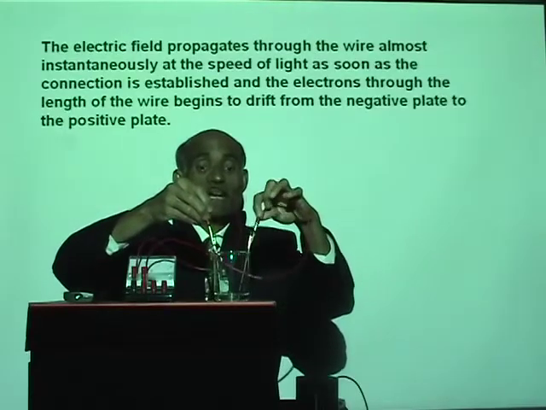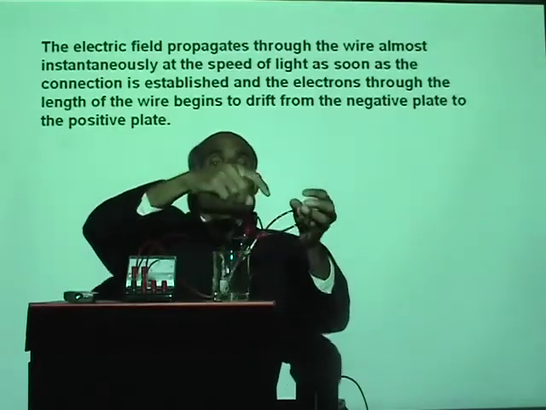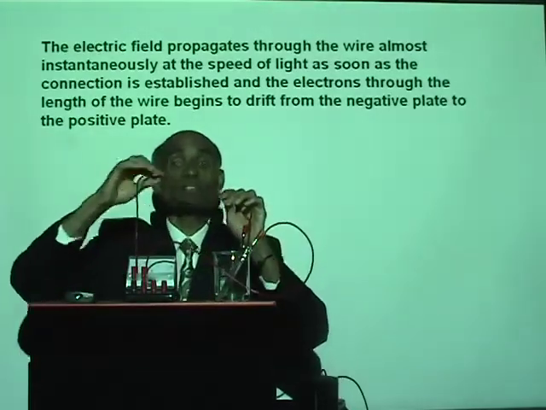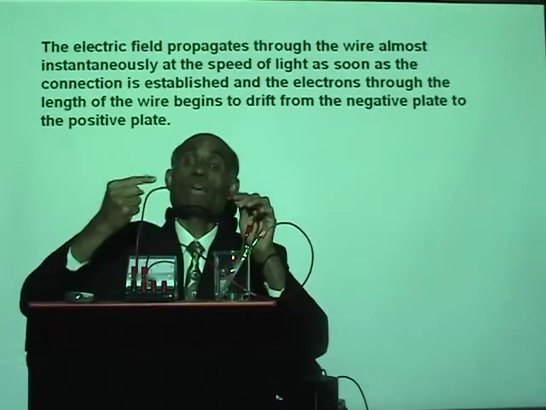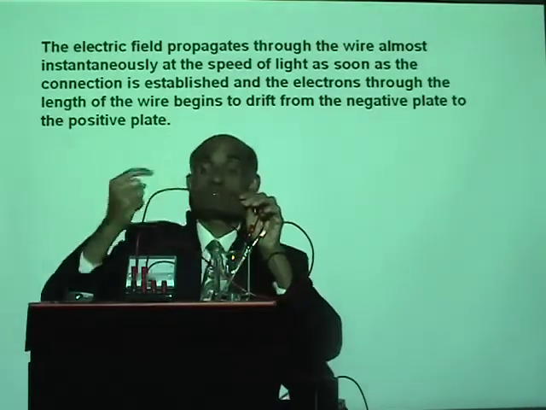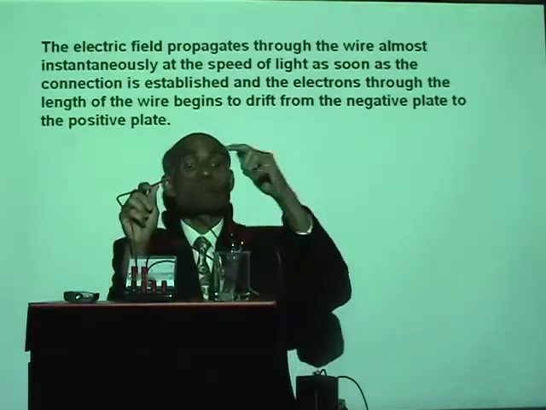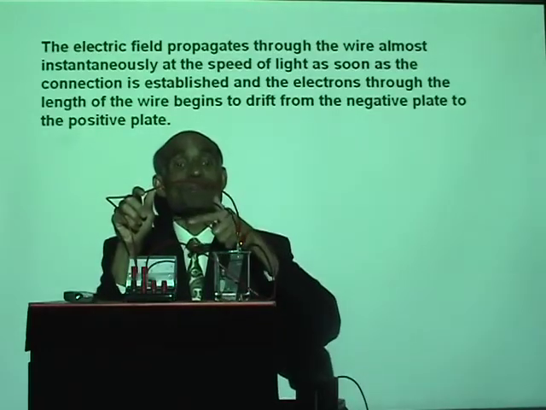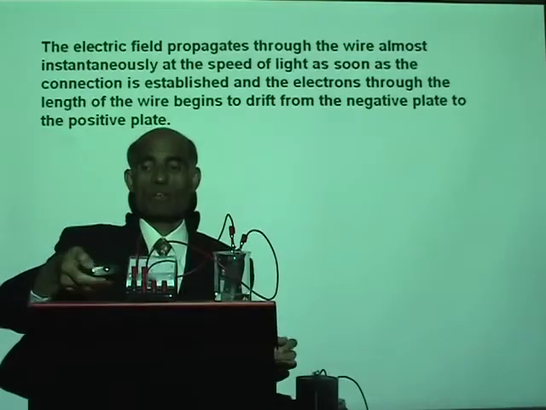Now, when they are connected by means of this conducting wire, what happens? An electric field got established inside the conducting wire, and the electric field made the negative charges drift from the negative end to the positive end, making a current to flow. Alright, let's now look at that again.